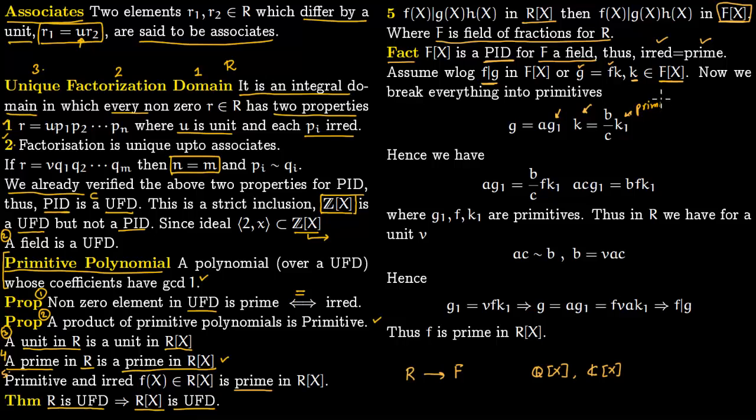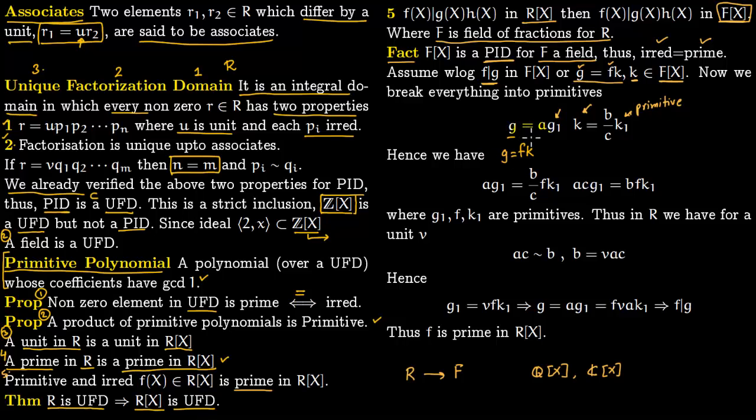We write it as a fraction because k lies in F[x], where the coefficients are in the field, so you take something common out so that you have a primitive here. For g we did not have to worry, because f, g and h all lie in R[x] to start with, so we just have a here.